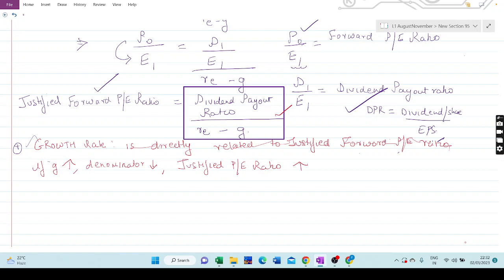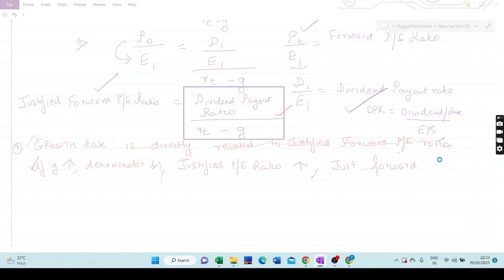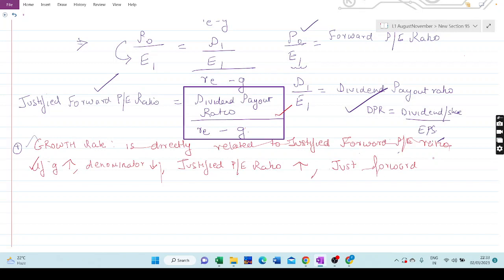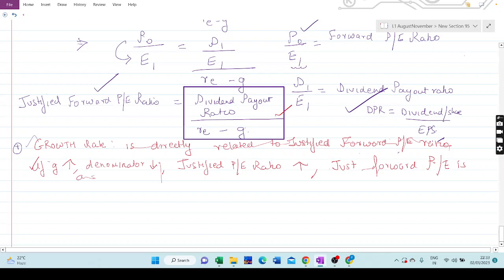So please write down: justified forward P ratio is a function of growth. Higher the growth rate, higher the justified P ratio, and vice versa. This is exactly what we discussed at the starting of the class.